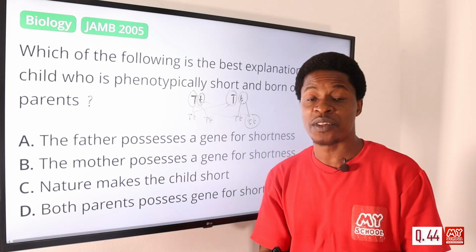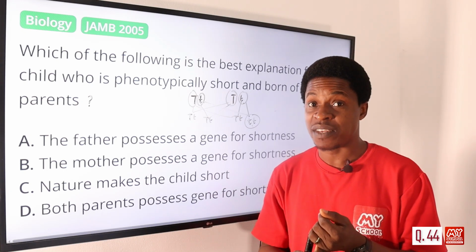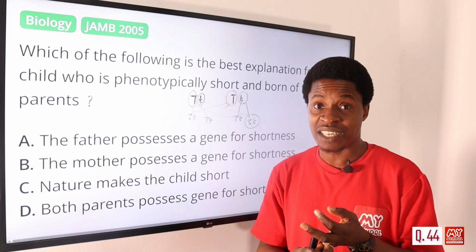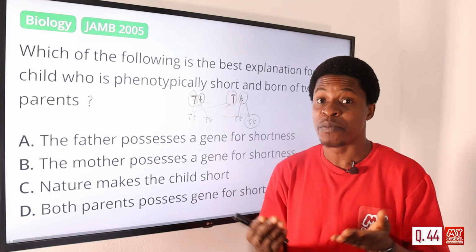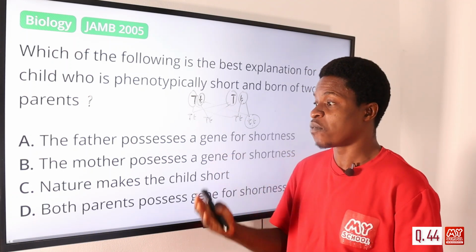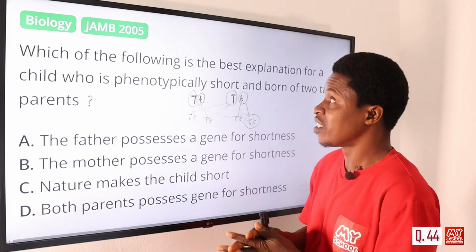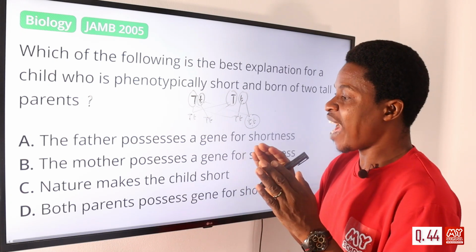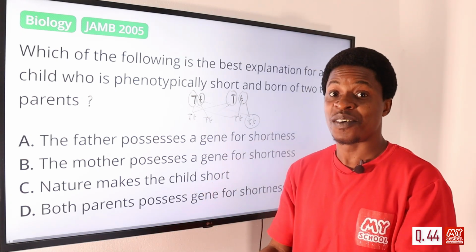Yes, we know we have other factors. Yes, we can talk about the environment can actually determine the factor. Malnutrition can actually determine the factor of the child. Sickness also can be a factor that can influence the stature of the child. But apart from those other factors, naturally now, what happens?